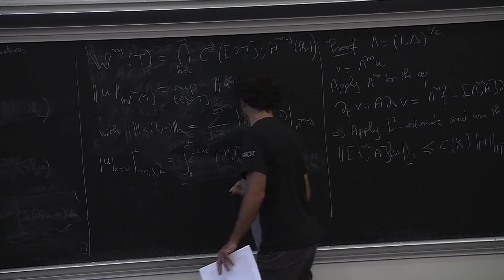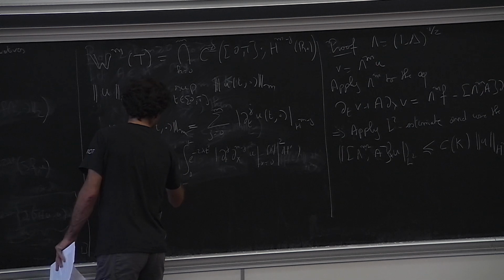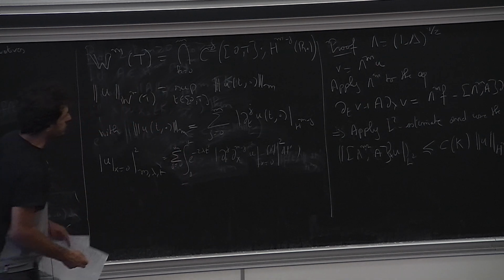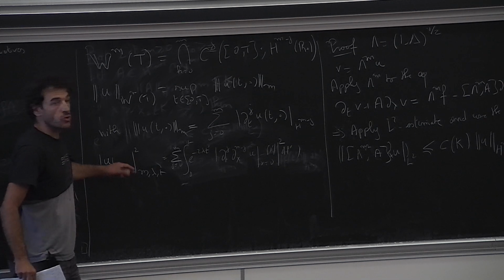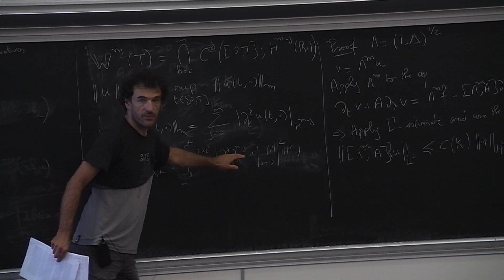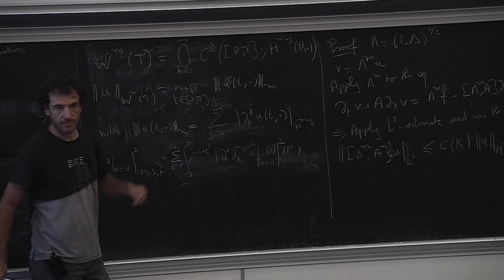Okay, and the sum over j equal to 0 to m. Okay, so you control the trace, but not only the trace, you control the trace of all the derivatives of order up to m, of time and space derivatives.